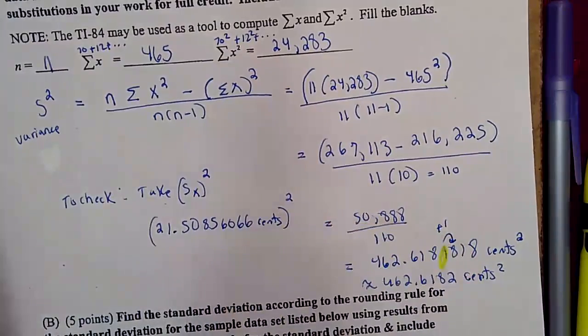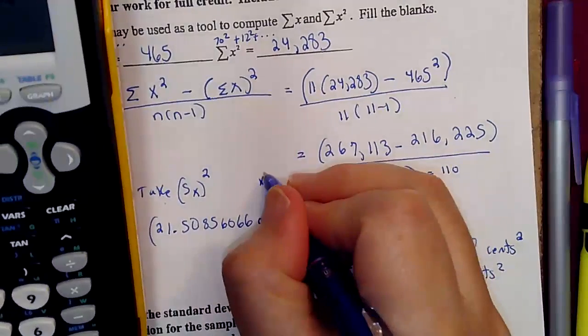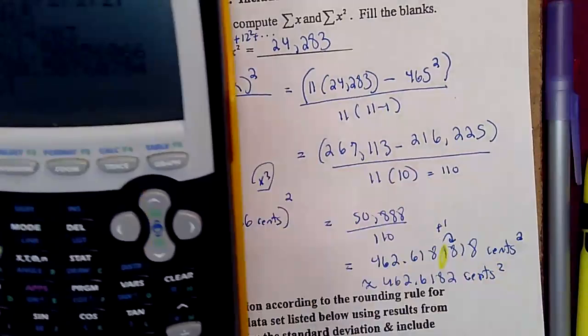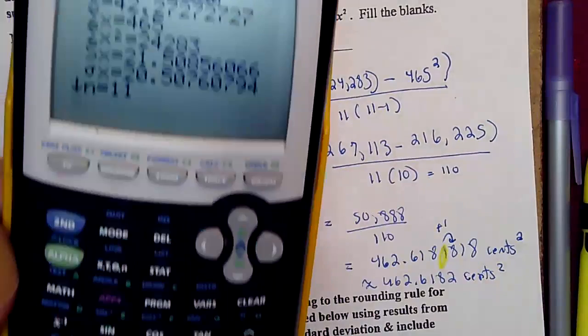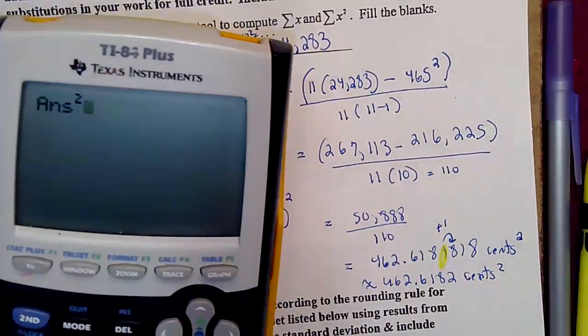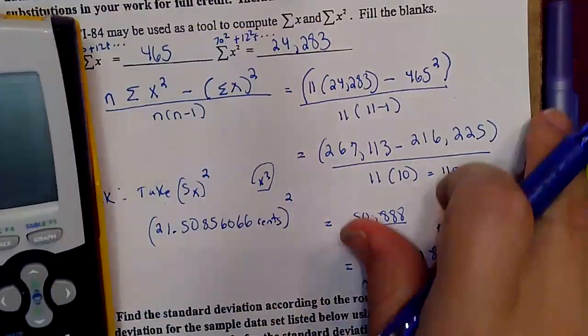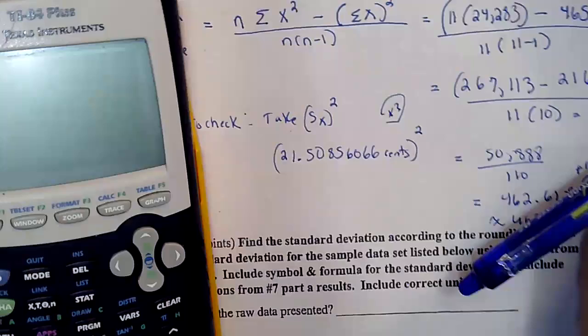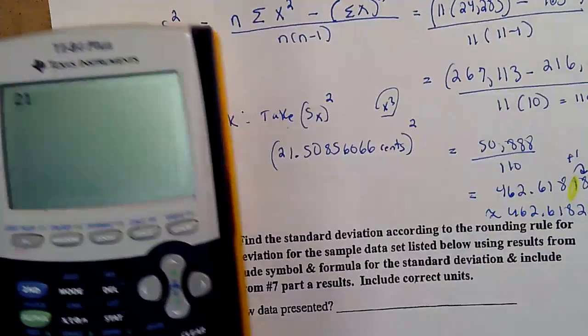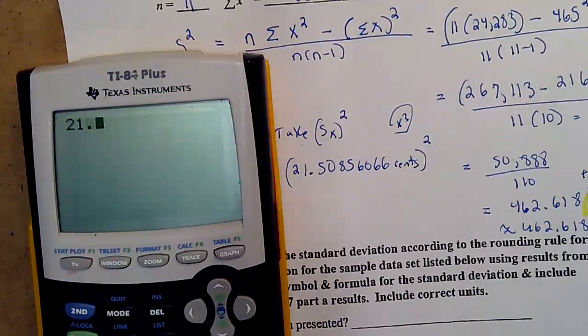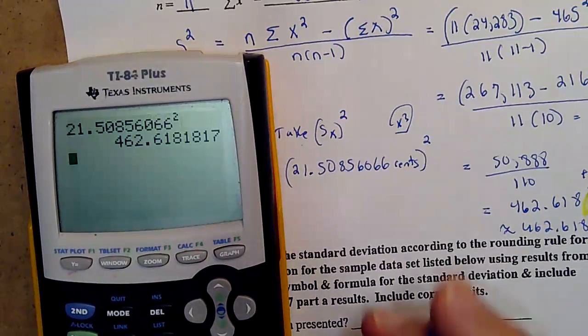So you see this x squared key right here? Oops, I didn't type the number in though. Sorry. So let me type the number in, and then square it.